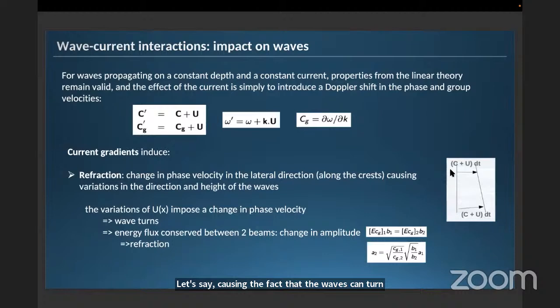So here is a sketch on the right-hand side, and you can see that if the current is not the same for a given wave train, over a current gradient, we will have a different behavior of the waves. And if you again take some equations to have this wave flux conservation along a given beam and the beam next to that, you can derive the change in amplitude and the change in velocities and then the way that the waves are turning.